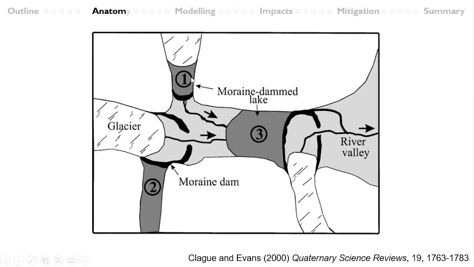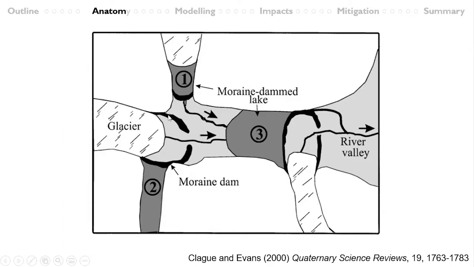So let's go through them in order. Here we have a tributary glacier which has reached its maximum extent. It's deposited the moraine, which has blocked the valley here, and it's retreated, leaving a moraine dam lake in the space between where the current glacier margin is and where the lateral moraine is. In scenario 2, it's slightly different in that we have the main trunk glacier, which is flowing down this valley.